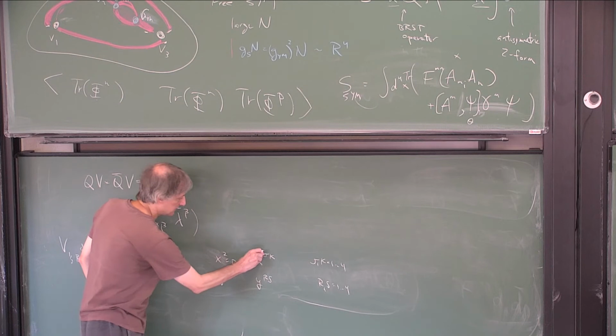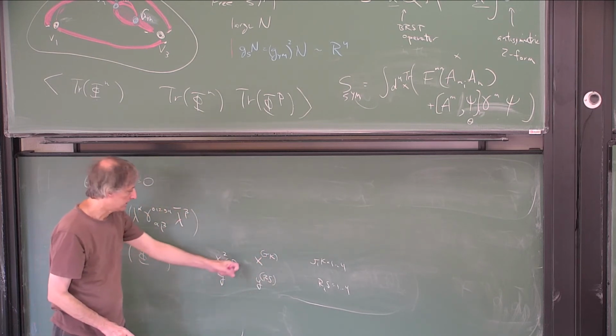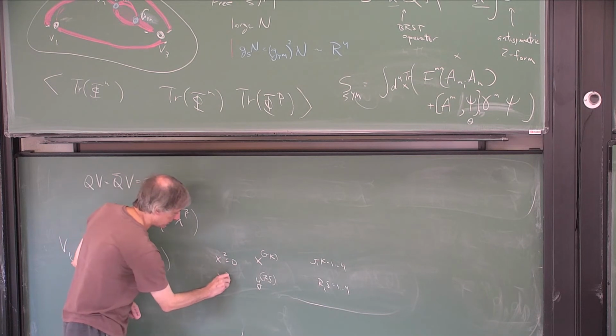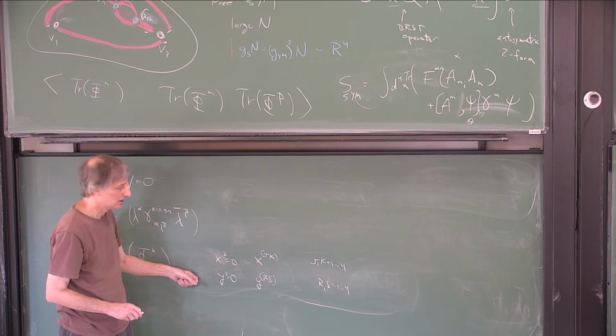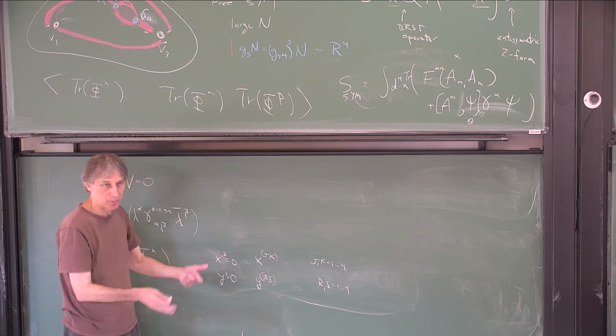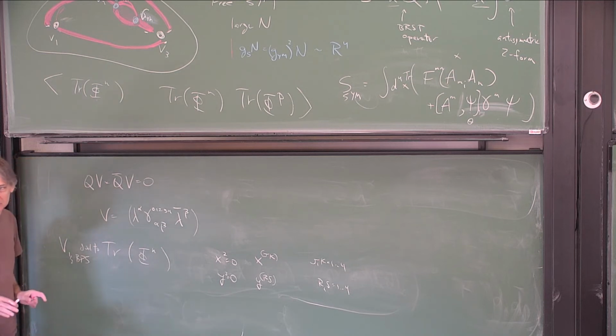This is antisymmetric in J and K, and this is antisymmetric in R and S. If x squared and y squared equal 0, then these are points on the boundary of AdS5 times S5. If they're equal to 1, then they're in the bulk of the AdS5 times S5. Okay, so any questions about that notation?